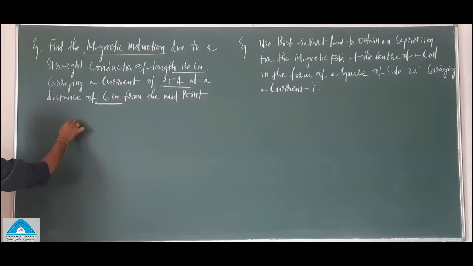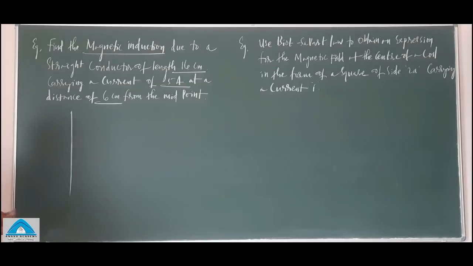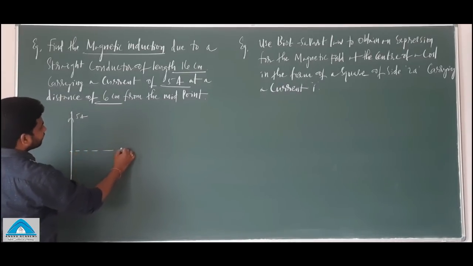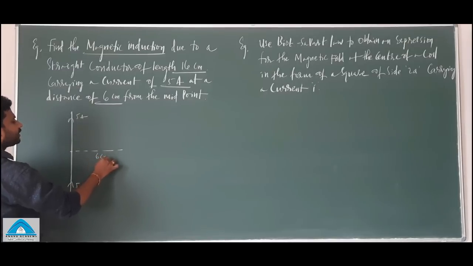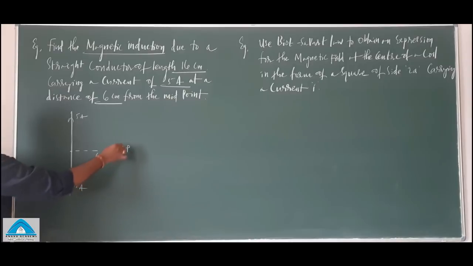So imagine this is the straight current carrying wire. How much is the current flowing through it? It's 5 ampere. The length of this wire is 16 centimeter, but exactly from the midpoint at a distance of 6 centimeter, point P lies, and here you need to find the magnetic field.